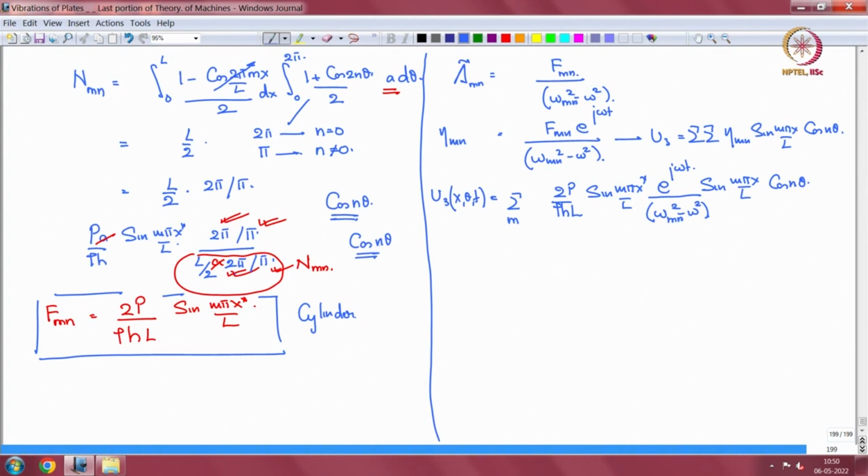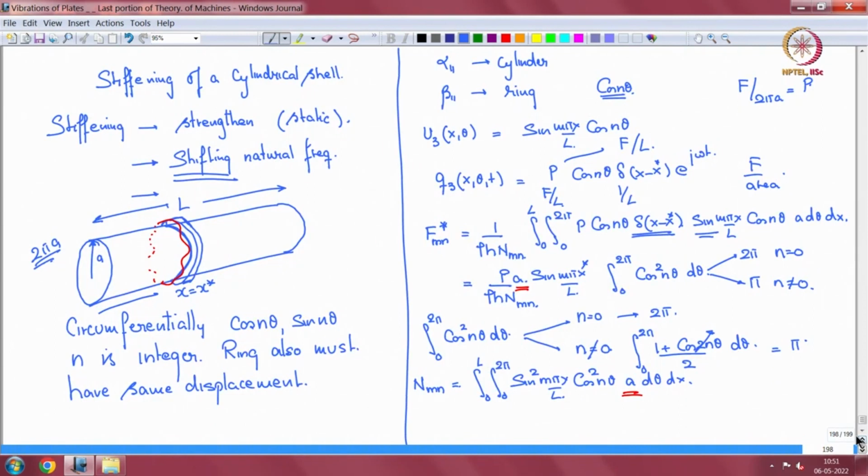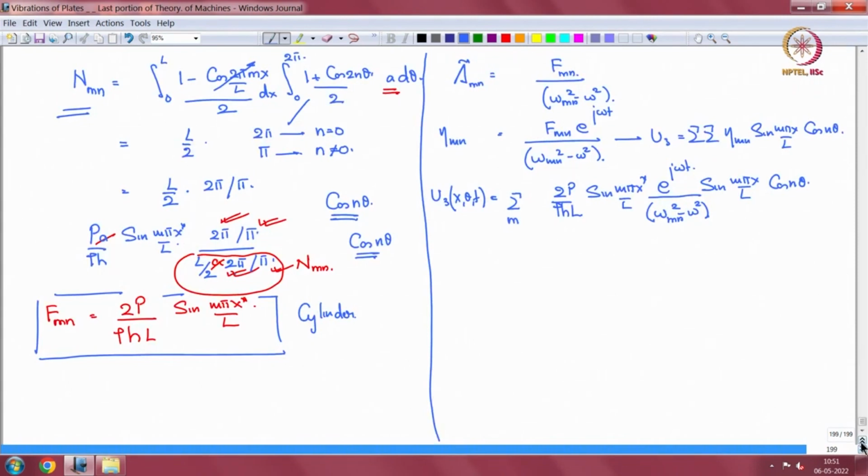That is what Nmn tells you, that the n's have to be matched. What it says when we make it sine square m and cos square n is that only the same mn will give a non-zero value. So there is no summation over n here because we are exciting at cos n.